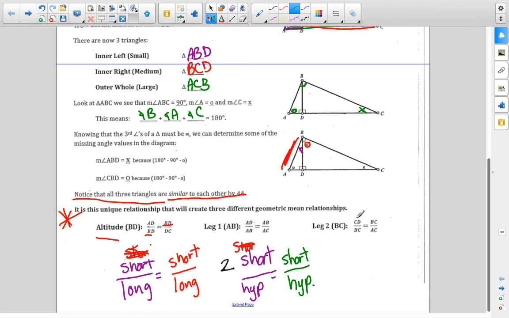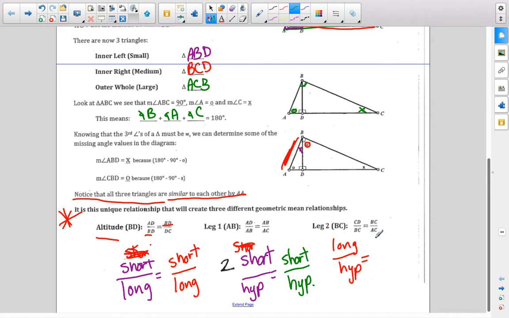Okay, so let's see. We're going to use medium first, and medium is red. So medium, CD, right here, long over BC, which is hypotenuse, equals, and BC of the large is green.